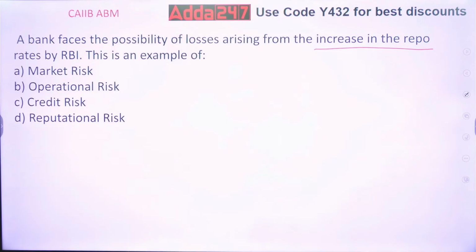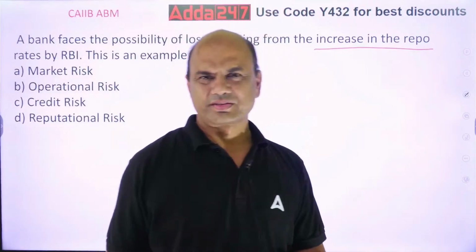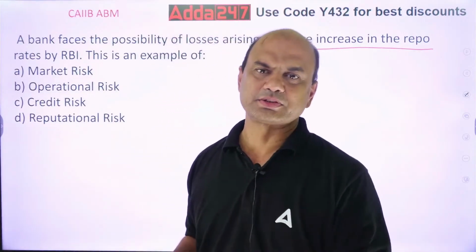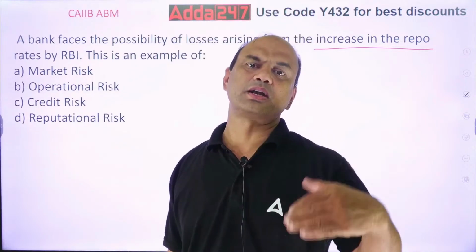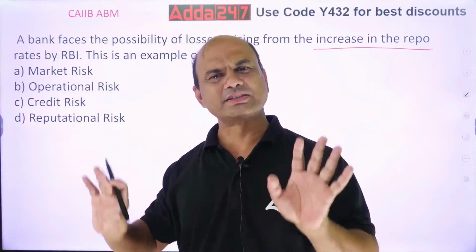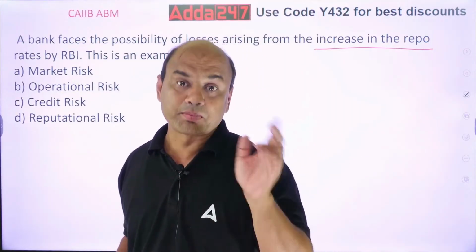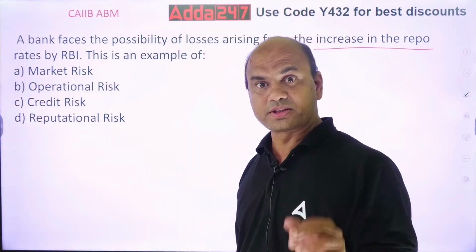Mainly in the bond portfolio. Of course, in loans and deposits also, but both will increase simultaneously. If repo rates increase, your deposit rate will also increase, your loan rate will also increase, so both will match each other. But the problem is in the bond rates. Bond rates go in the reverse direction.